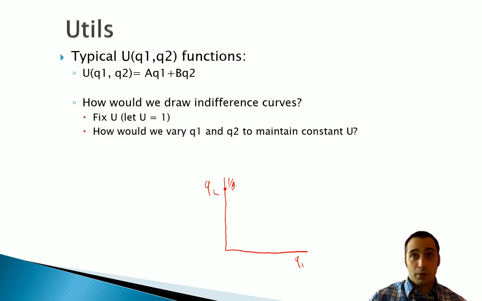Similarly, if I were to try to find how many q1 give me 1 util, I'd have 1 over a. The next question is, well, what do we do in between these 2 points? Well, if I had half of each, that is, if I had 1 over 2b and 1 over 2a, it would be somewhere about here. If you connect these 2 points, you'll find that you have a straight line.